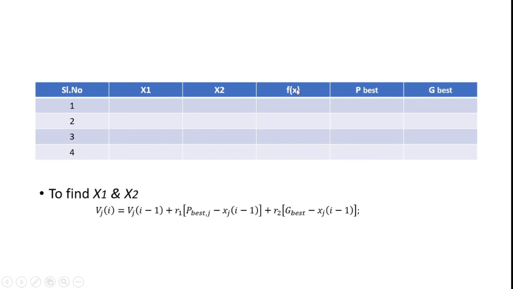F of x may be in terms of x1 and x2, so you may utilize the same formula for identifying the x1 neighborhood point and the x2 neighborhood point. From this we may solve p best and g best. Based on the p best and g best, we can identify the next value and also the final solution.